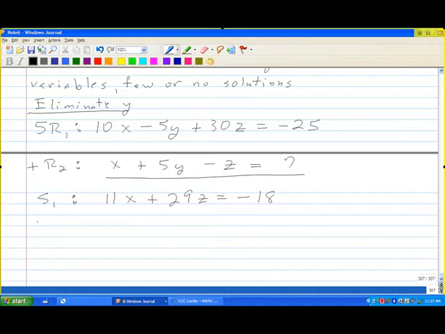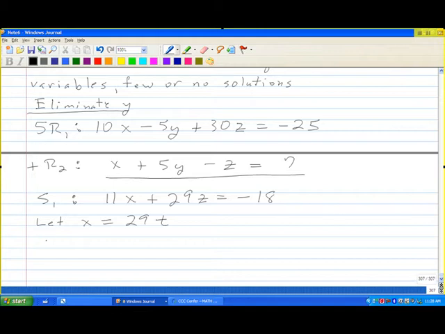Let x equal t, and then I'll solve for z. Actually, let x equal 29t, because there's a 29 in front of the z, and that might give fewer fractions.